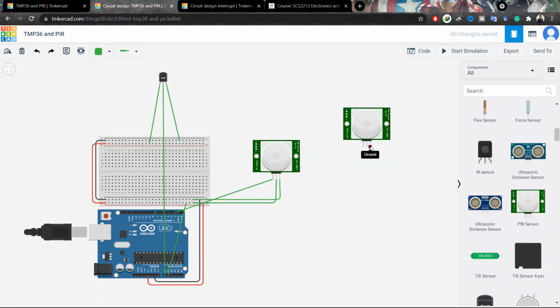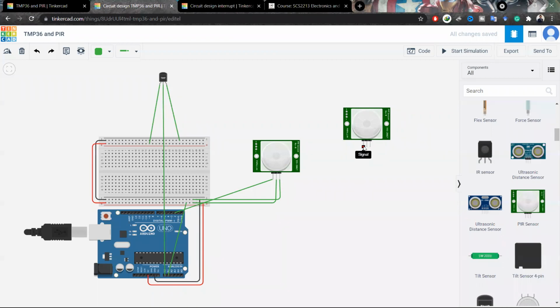Then the next one we have is power, so we should plug that power into 5 volts, right? You should refer to the data sheet. In the data sheet, it's defined what the operating voltage is. If it is working on 3.3, then you should give 3.3, otherwise it will burn, right? I didn't refer to the data sheet, so I'm just giving 5 volts to this power, right?